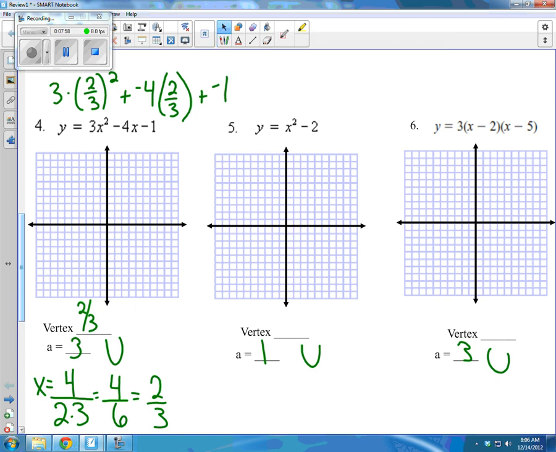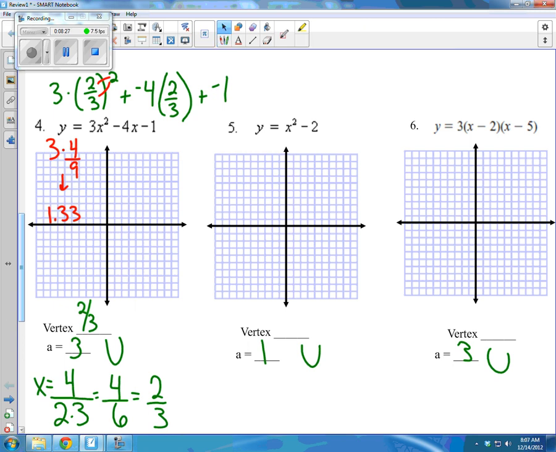So working through these, the first thing that your calculator is going to do when you type this in is square 2/3, which means you actually square the 2 and the 3. So it's going to be 3 times 4/9. And when I type that in, the calculator is going to give me 1.33. I will be erasing this in a little bit so I can get my graph on there.